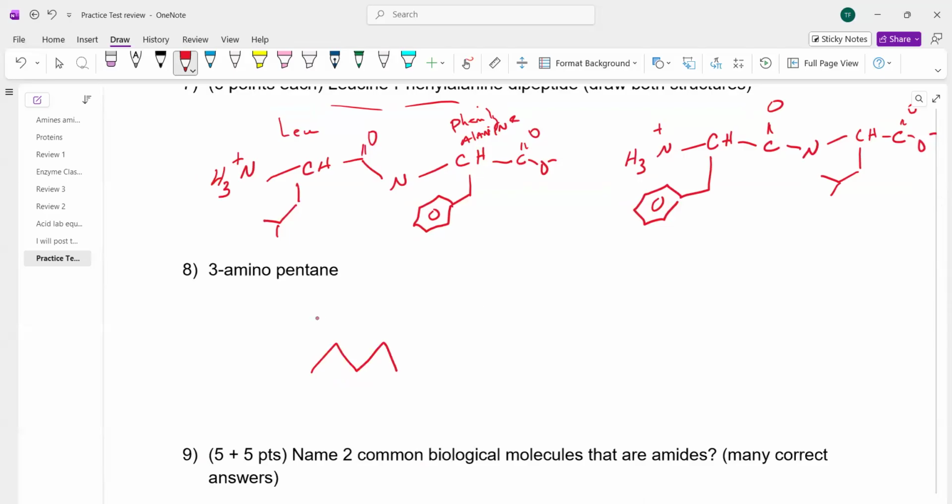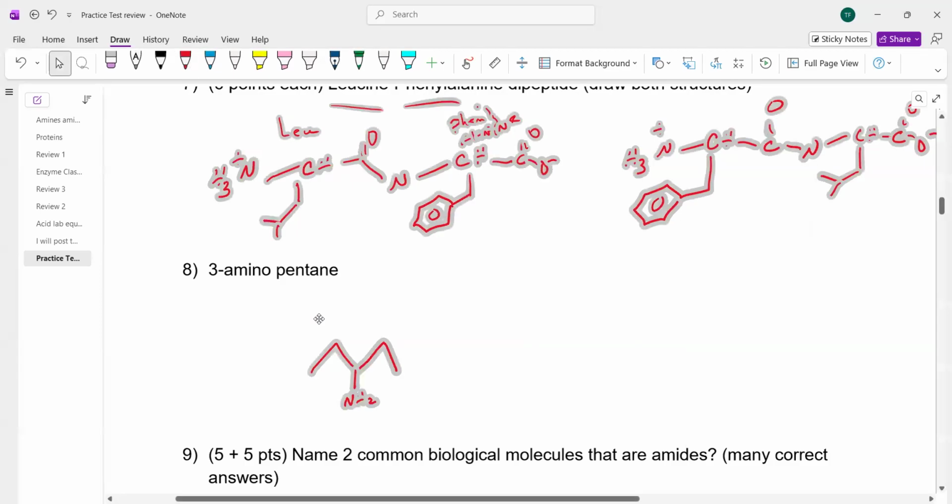It looks like on the answers, I have NH. It should be NH2. So make sure you make that correction.